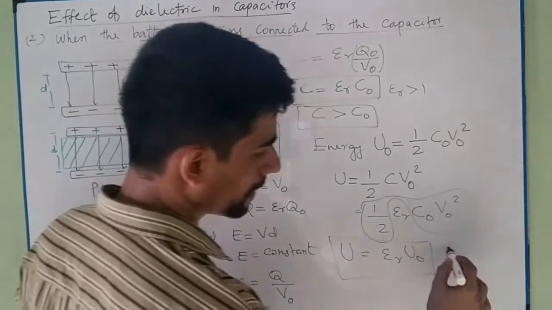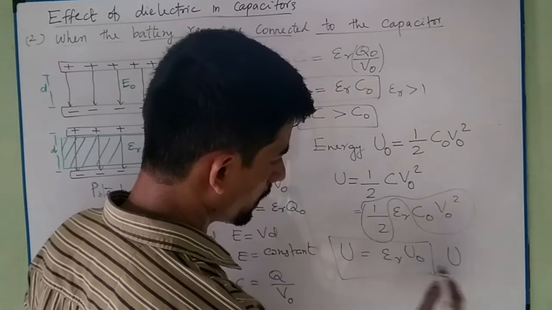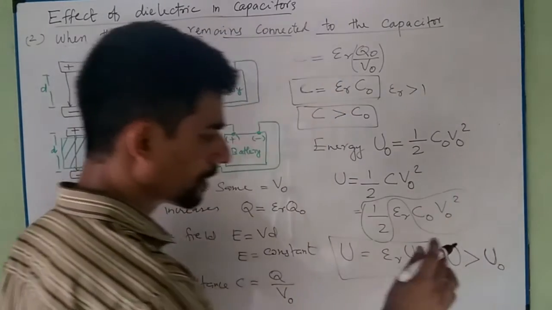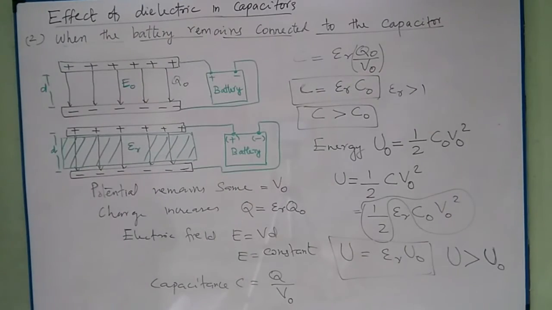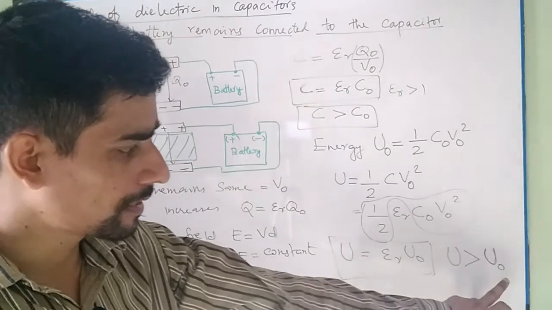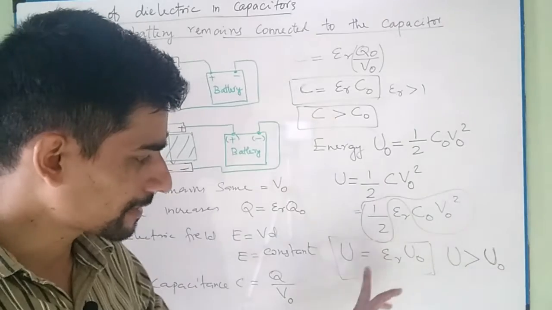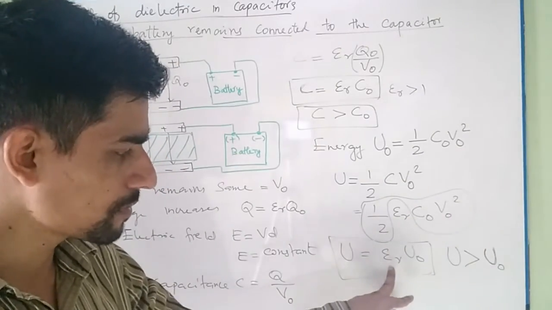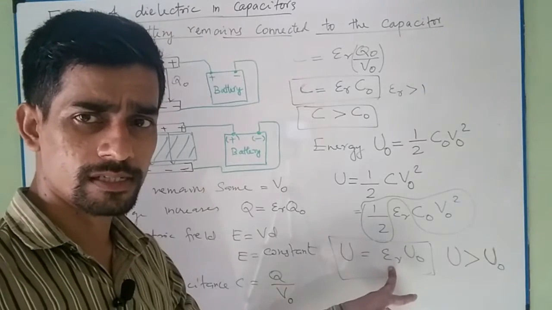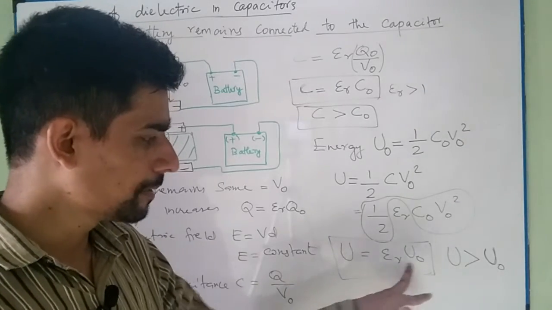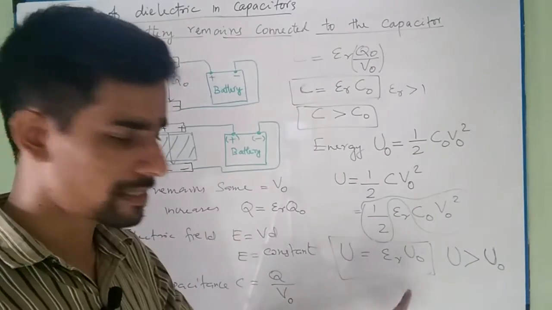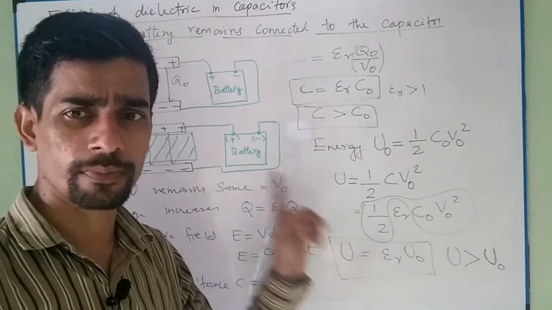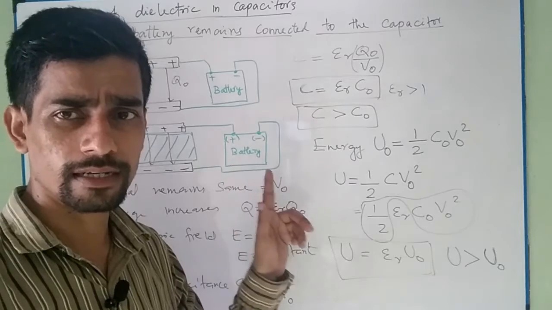It means the energy of the capacitor is greater than the energy before introducing the dielectric. The energy before introducing the dielectric is U0, and the energy after introducing the dielectric is U. From this equation, epsilon R is greater than 1, so the energy of the capacitor is increased when the dielectric is introduced between the two capacitor plates and the battery remains connected.